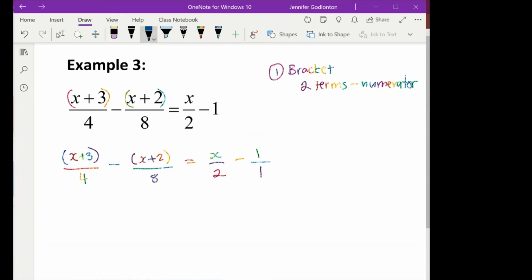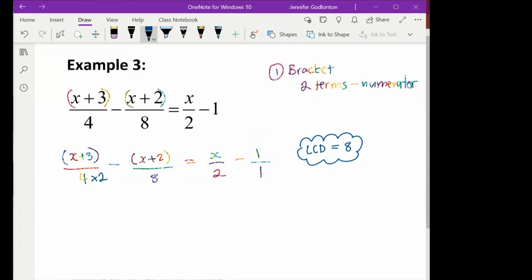Find the common denominator. Good, I'm going to find a common denominator. And in this case, what is my common denominator? Good. Okay, my lowest common denominator is 8. So now we just have to see what we need to multiply things by. We need to multiply that 4 by 2.